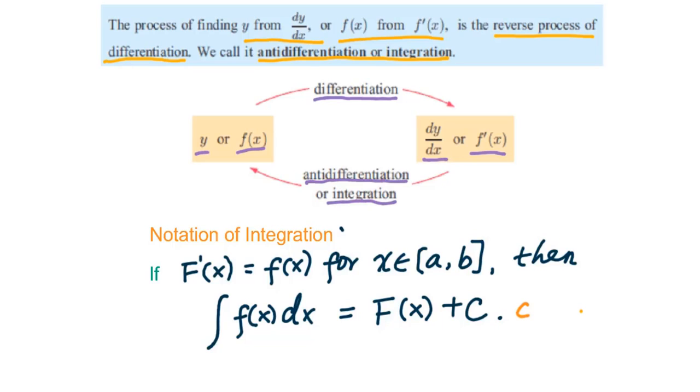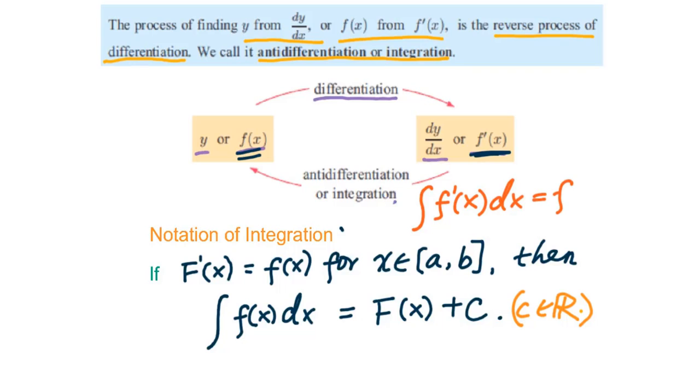And this c is all real numbers. This anti-differentiation of f prime of x equals f of x, we can write this way: integral of f prime of x dx equals f of x plus c.